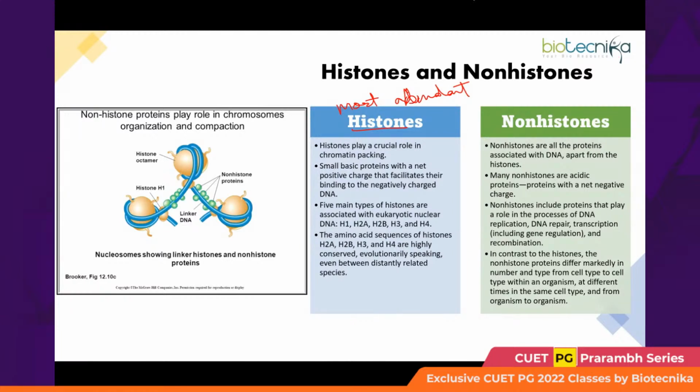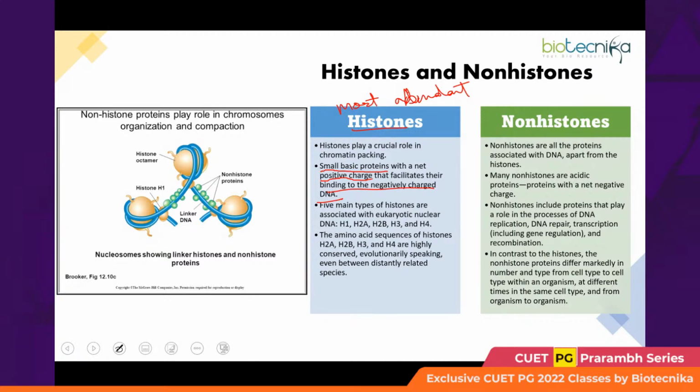Histones are small basic proteins, basic in nature, not fundamental, with a net positive charge. DNA is negatively charged and histones are positively charged, and opposite charges attract. So because these proteins are positively charged, they facilitate binding to the negatively charged DNA.